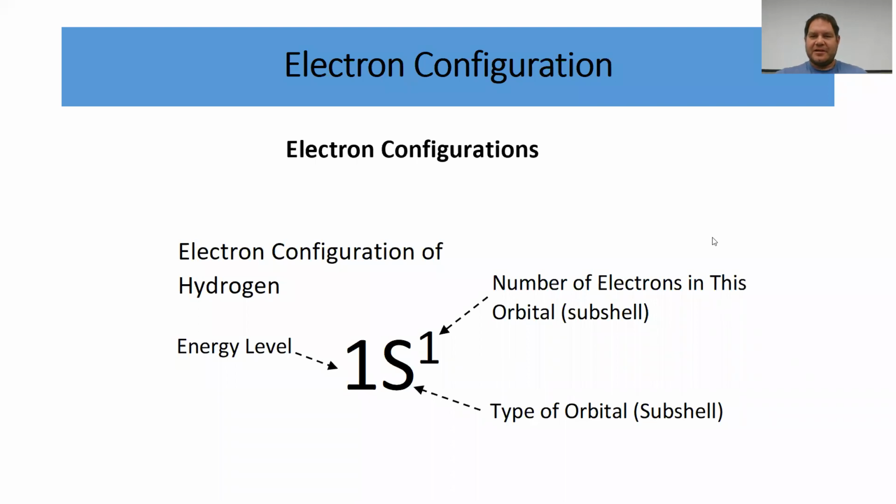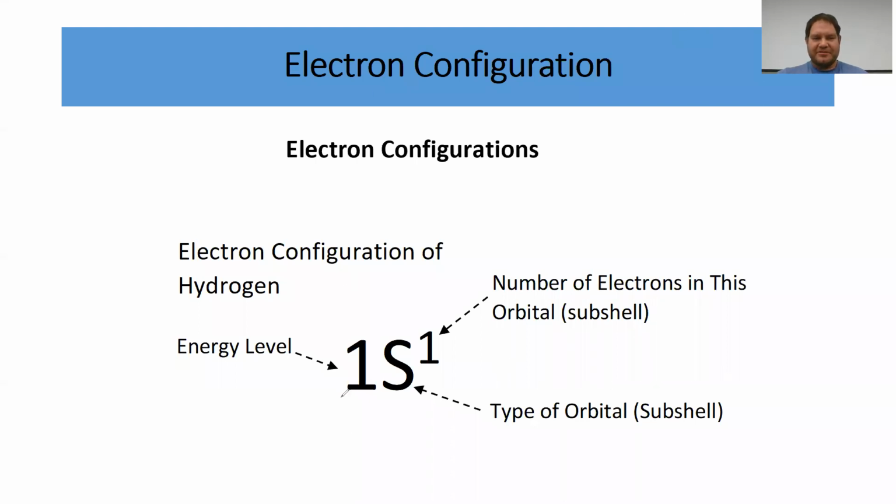All right, so what I want to remind you is that you should have already filled out the orbital diagram for several elements and have also completed the electron configuration for those elements. I want to remind you about some important ideas about electron configurations before we continue with the rest of our notes.